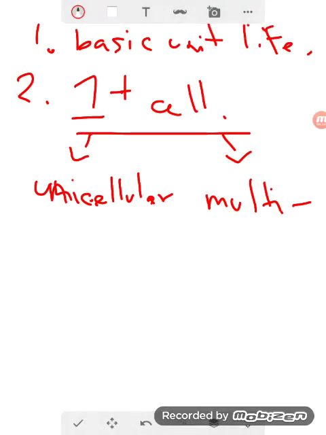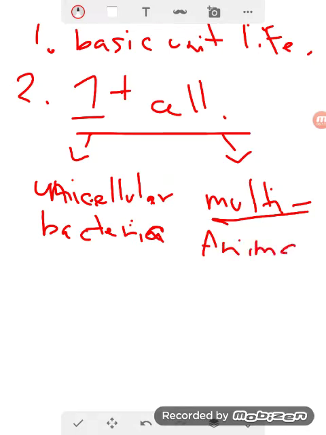Unicellular organisms are the ones that are just one cell big. These are going to be my bacteria. And then any other living organism that's made of more than one cell, these are my multicellular ones. So this would be perhaps an animal, or it could be a plant, or it could be a fungus.